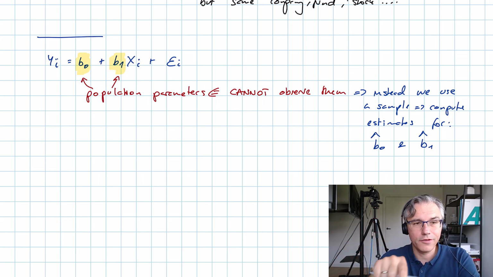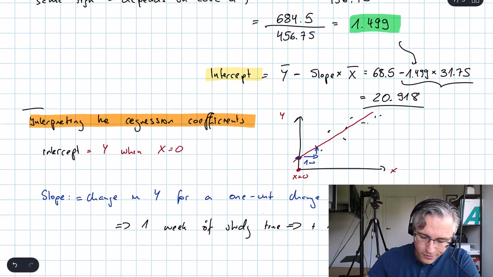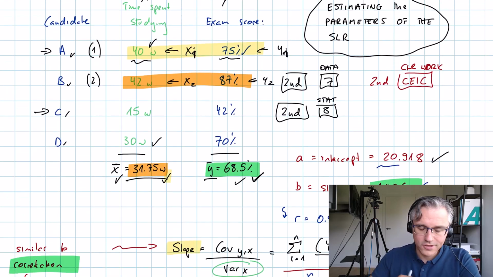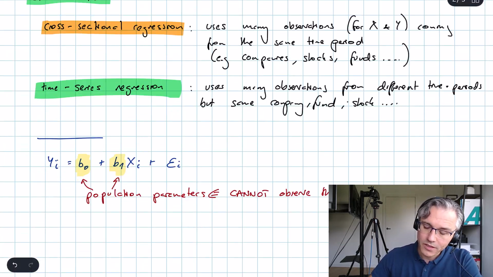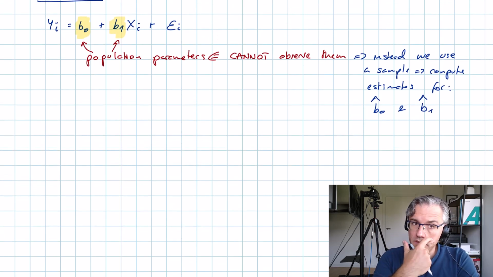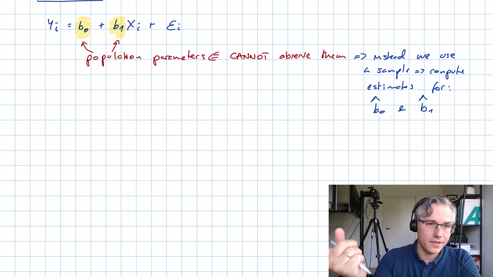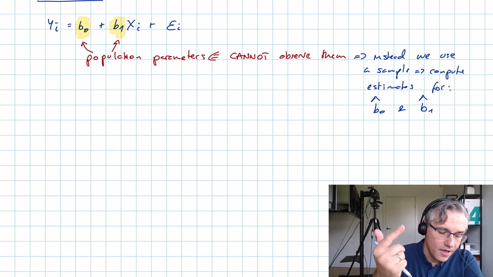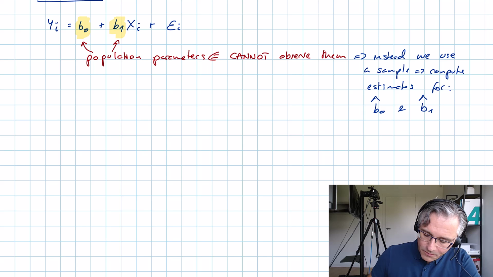And the problem is, if you had a different sample of 4 candidates with their own study time and exam score, you'd probably compute B0 and B1 hat at a slightly different level, because every sample may contain different data, and you get different results.